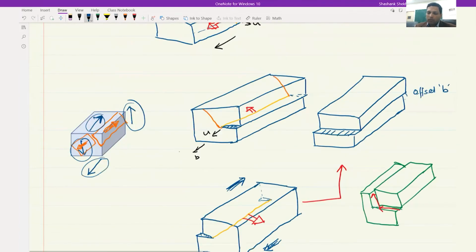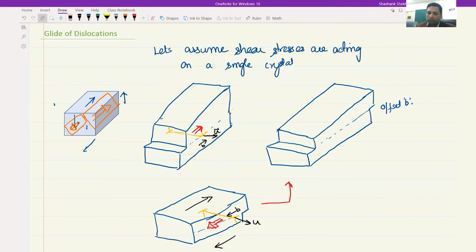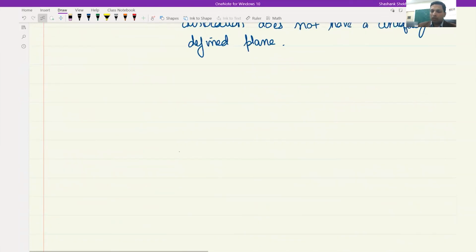Okay, so these are some of the important points about the glide of the dislocations. So let me paraphrase the uniqueness of the plane and not unique plane for the screw dislocation. Let me put it like this.